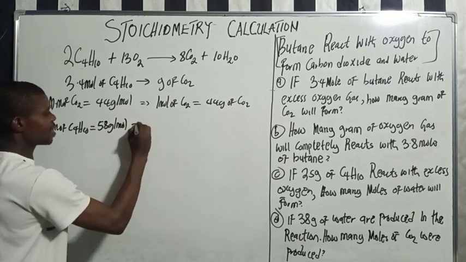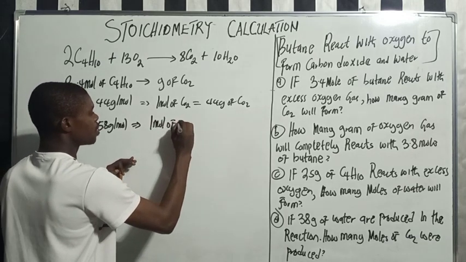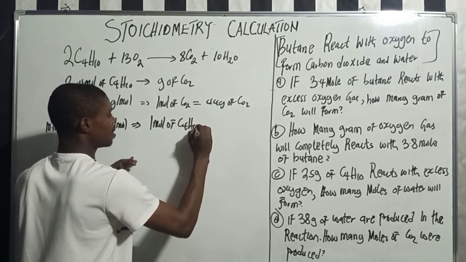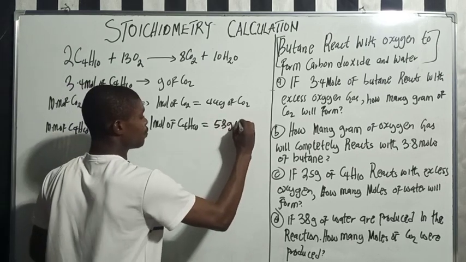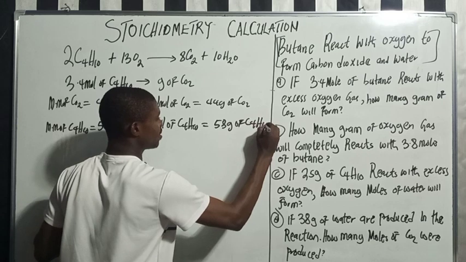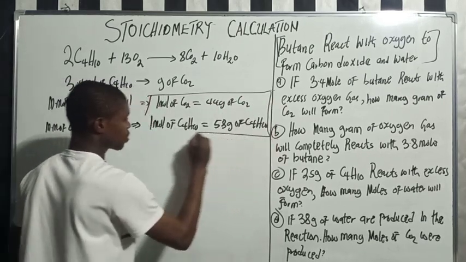Do you get that? It means that for every 1 mole of C4H10, I have 58 gram of C4H10. Do you get that? So we are using this one here.